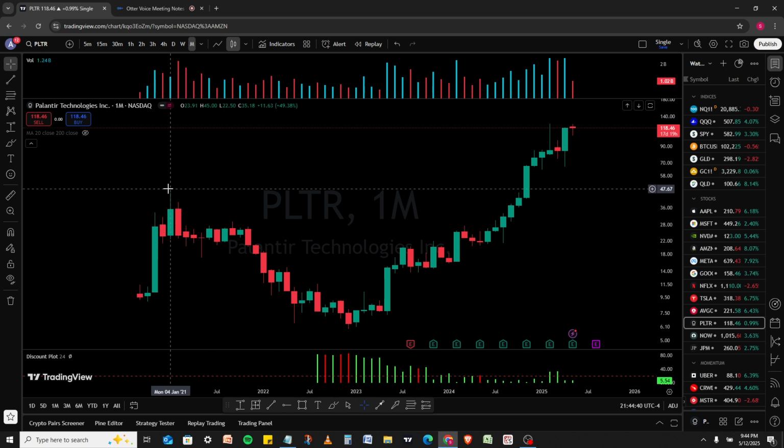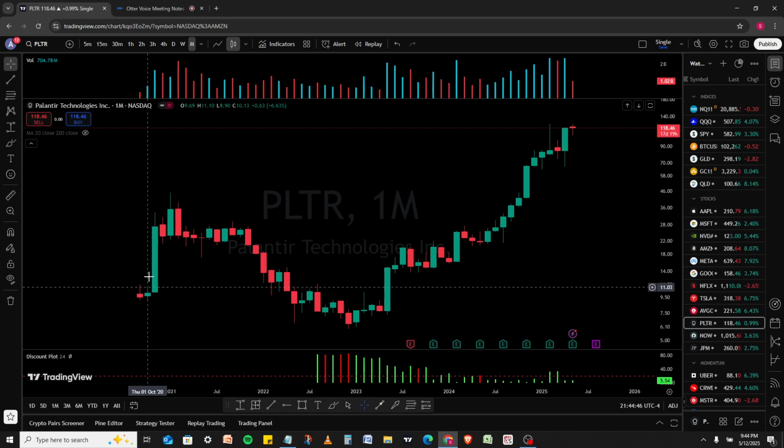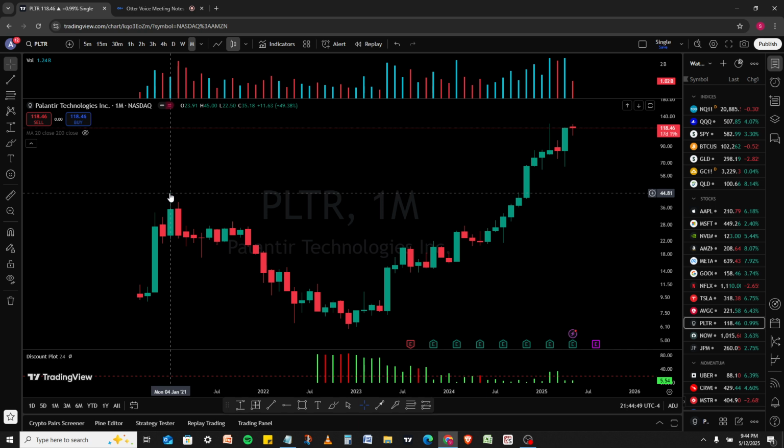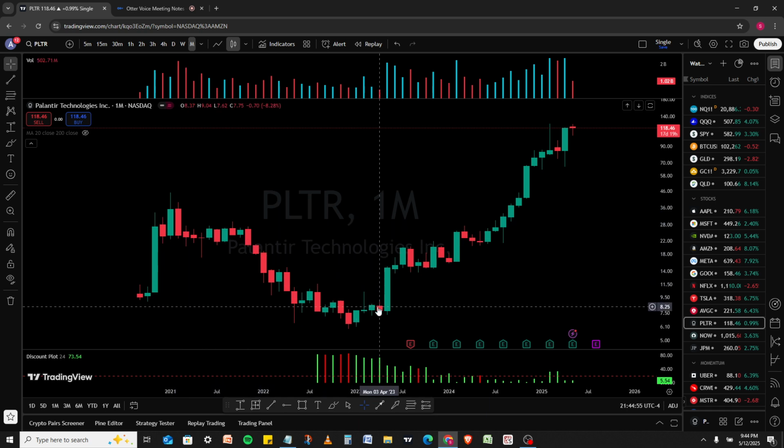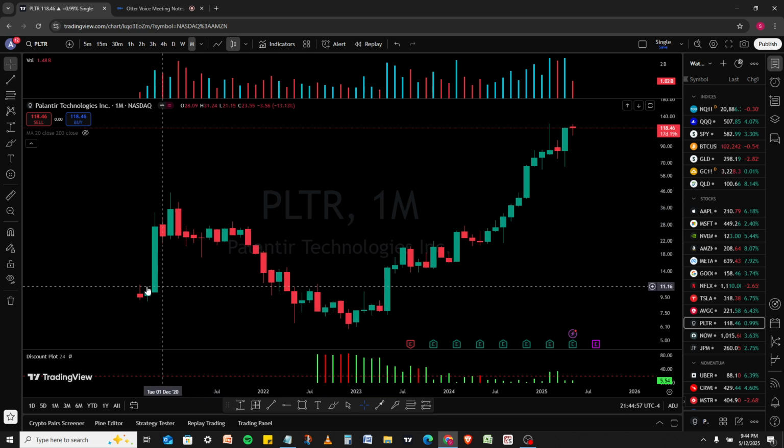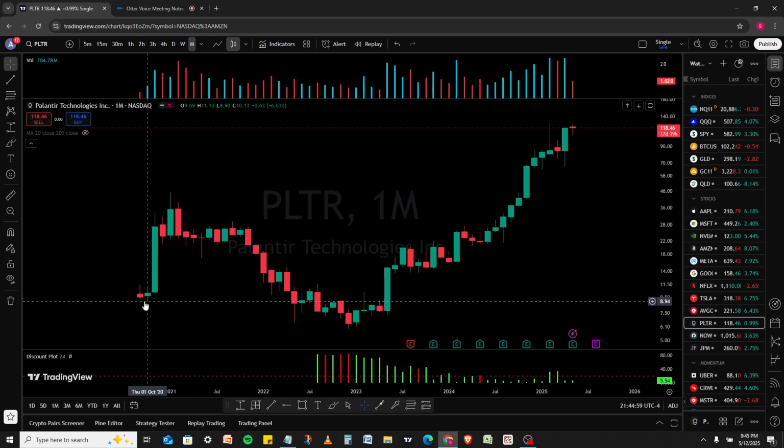And since it has been listed, we have seen that it has gone at least 4 to 5 times, 5x or 4x, in a relatively short period of 3 to 4 months. From there, it went for a big correction and it has gone lower than the IPO pricing on the Palantir.